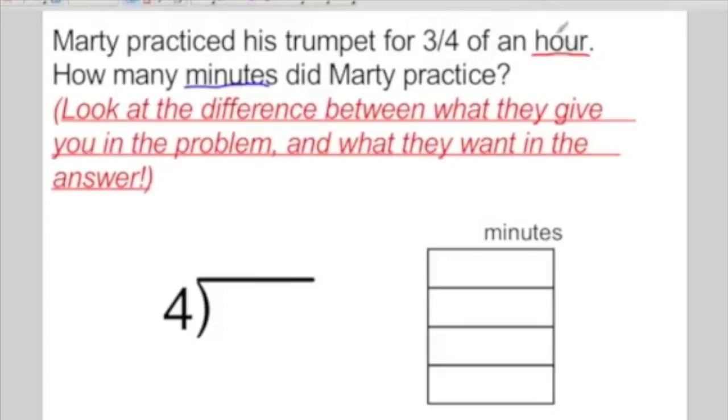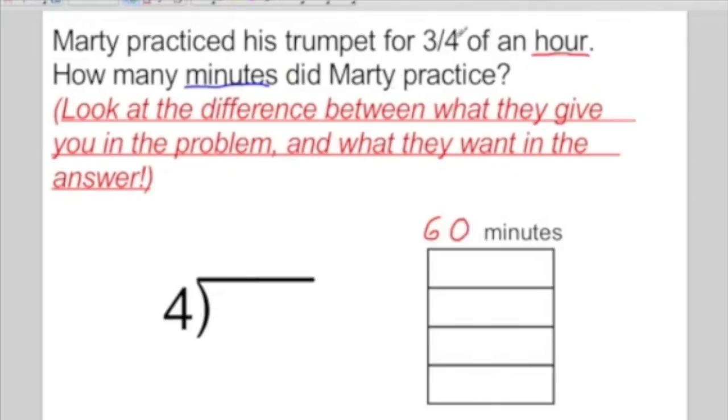They'll give you some information in one type of measurement and then want the answer in a different type of measurement. You don't want to go 3/4 of one. The answer needs to be in minutes. How many minutes are in an hour? And hopefully everybody knows the answer there. Why, that would be 60, right?